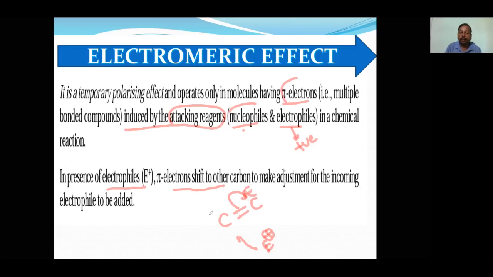So this will be negative and this will be positive, and now the electrophile will be accommodated over here. So the condition for the electromeric effect is the presence of a reagent and the presence of a pi bond.